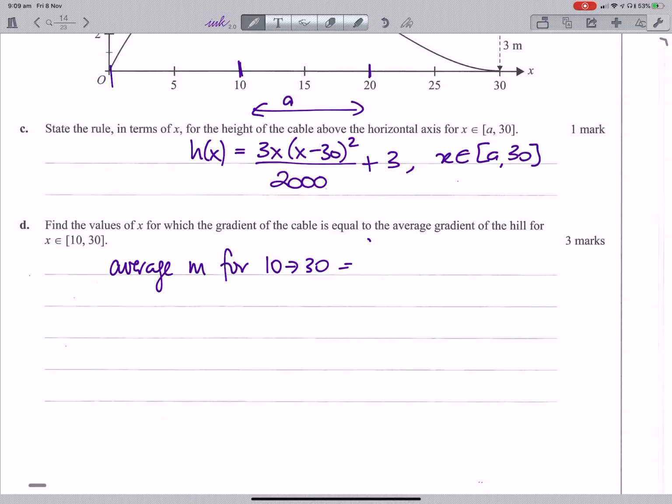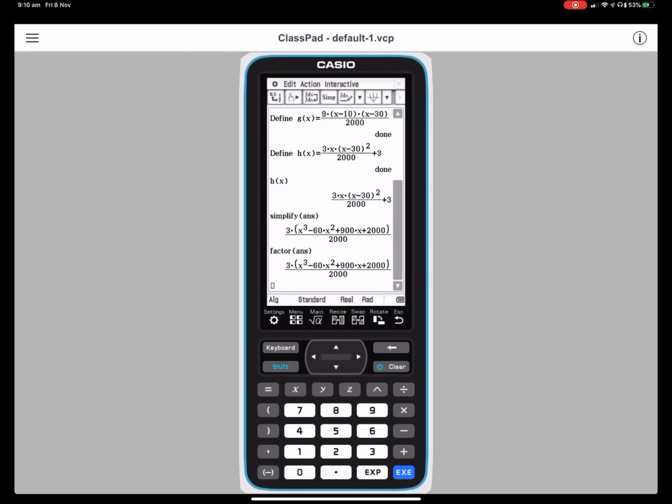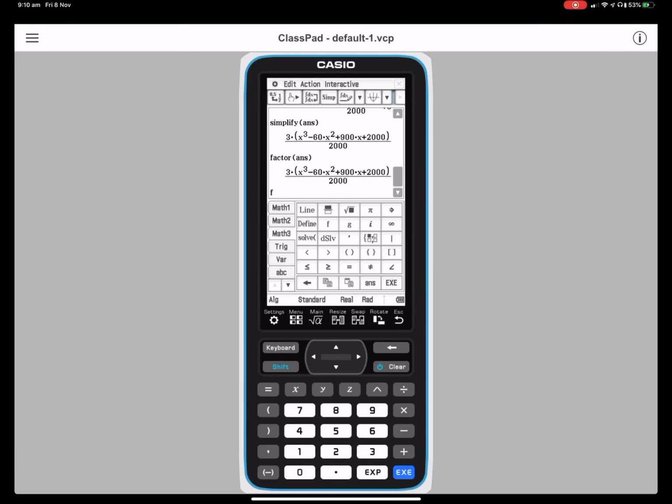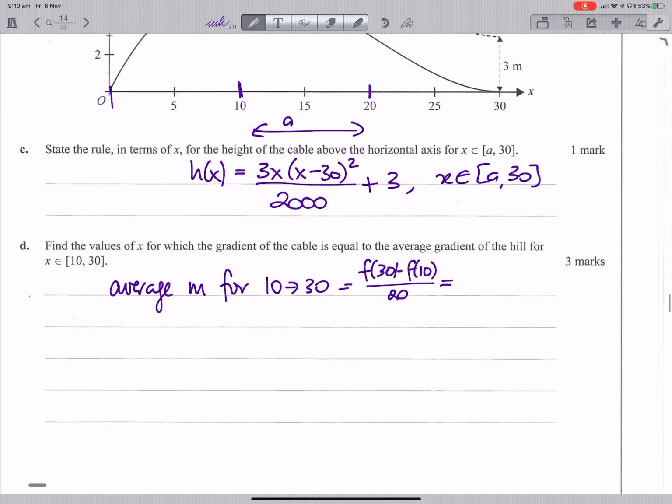So f of 30 minus f of 10 on 20. So it should be negative. f of 30 minus f of 10 on 20. So negative 3 on 10.